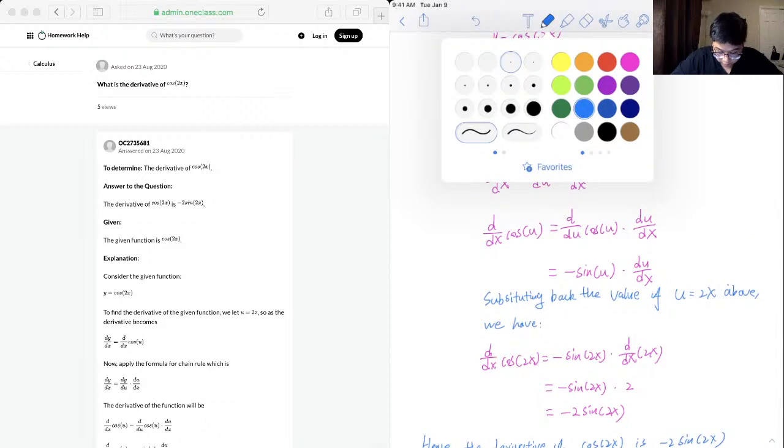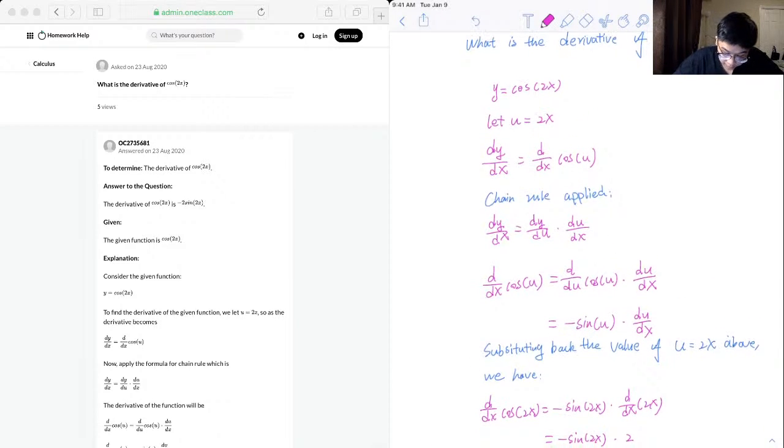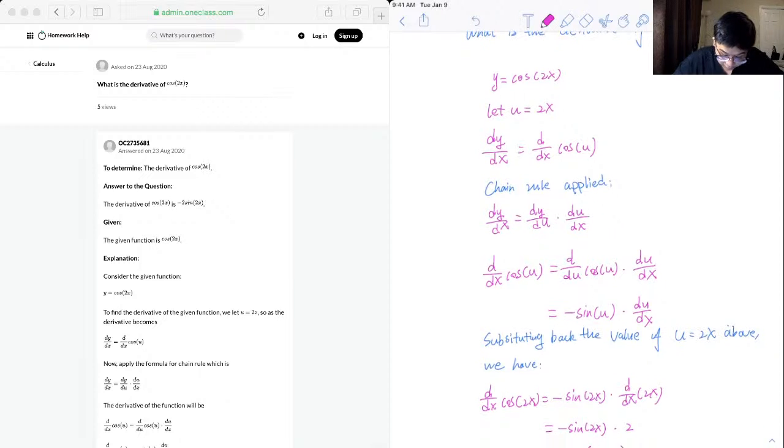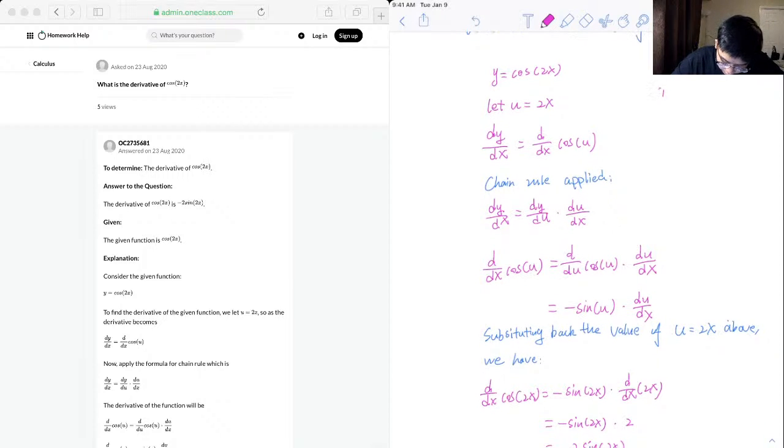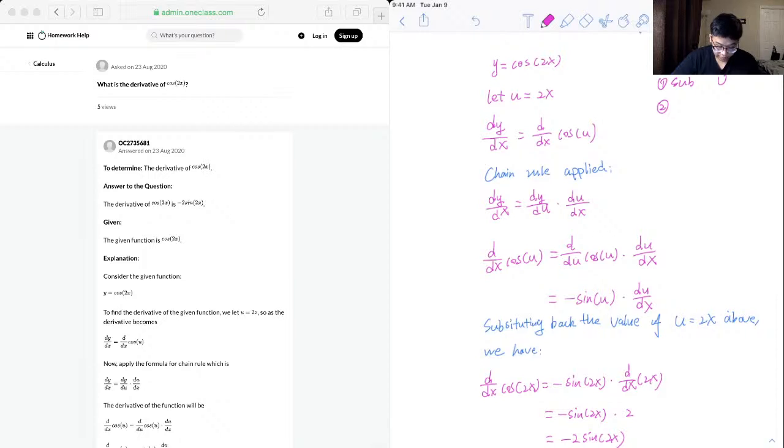So, a couple things I want to highlight in this question. First, we need to do this by substituting u, and also don't forget to substitute back the value, because we only want the variables in our final answer instead of u.